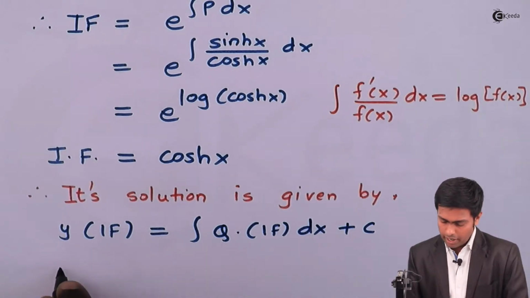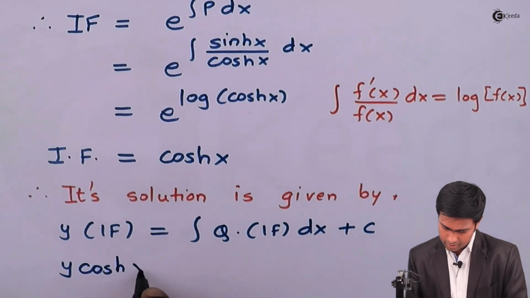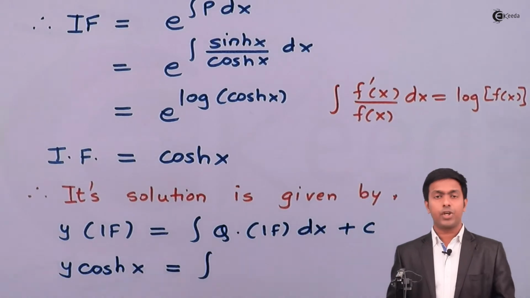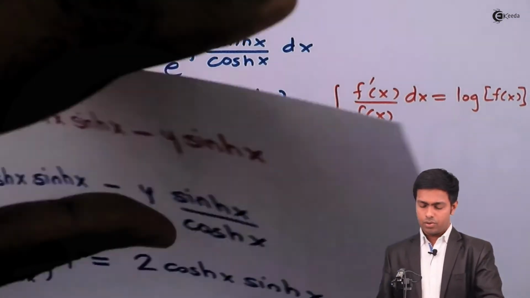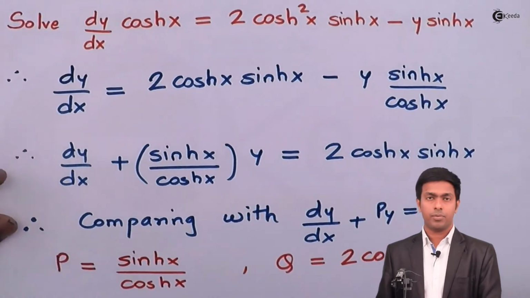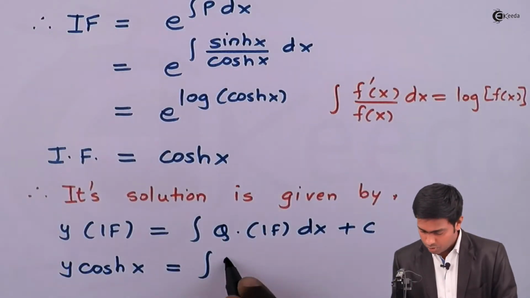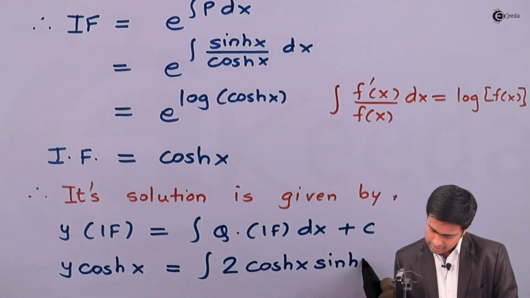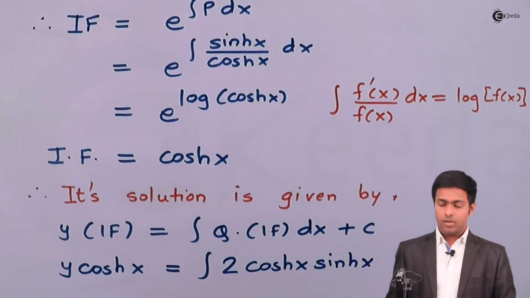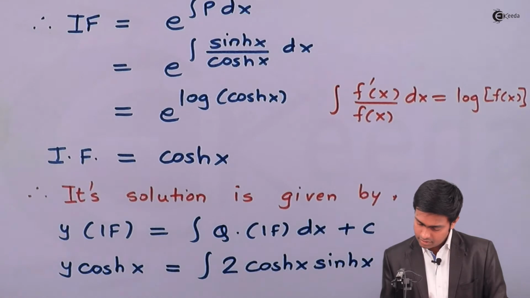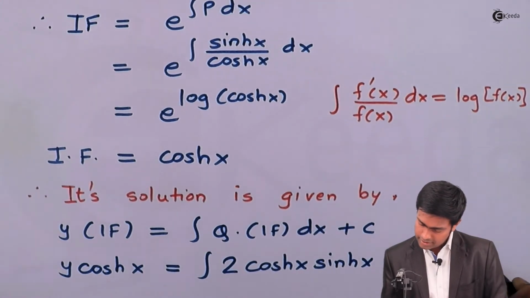So y as it is, the integrating factor is hyperbolic cos x, equal to, on the right hand side, integration of q. So what is the value of q? Here, q is 2 times hyperbolic cos x into hyperbolic sin x. Next, into the integrating factor which is hyperbolic cos x, dx plus c.